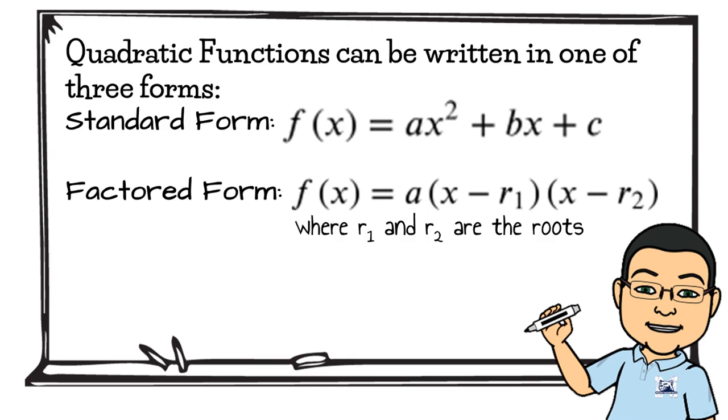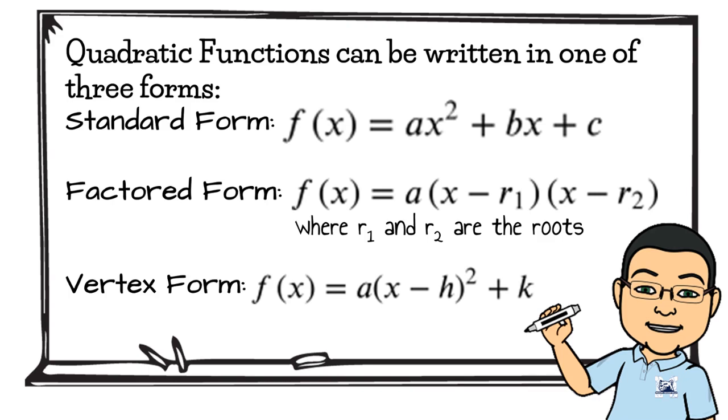It demonstrates the factors for this quadratic. And lastly, it could be in vertex form, which is known as f of x equal to a times the quantity x minus h squared plus k, where (h, k) is the location of the vertex.